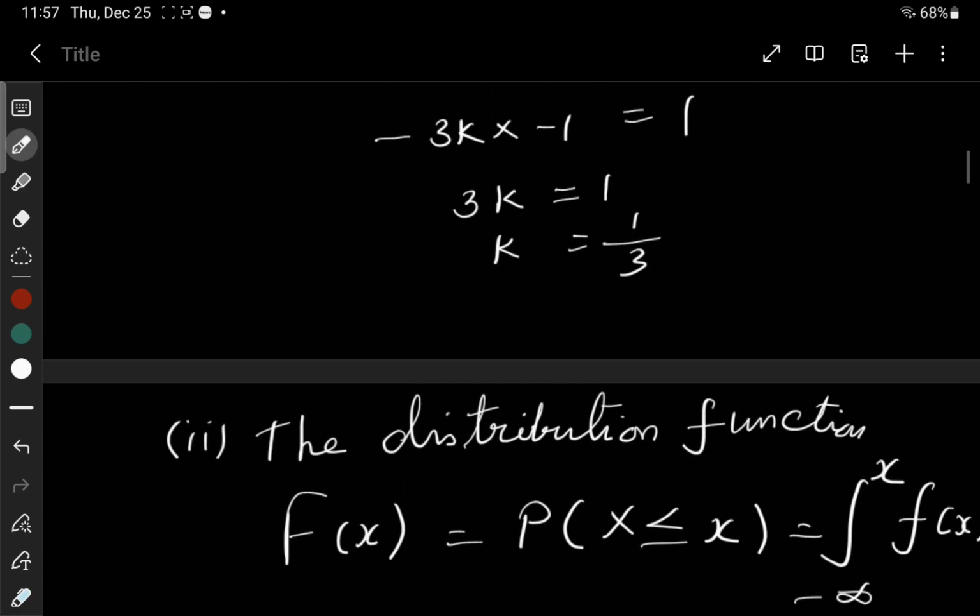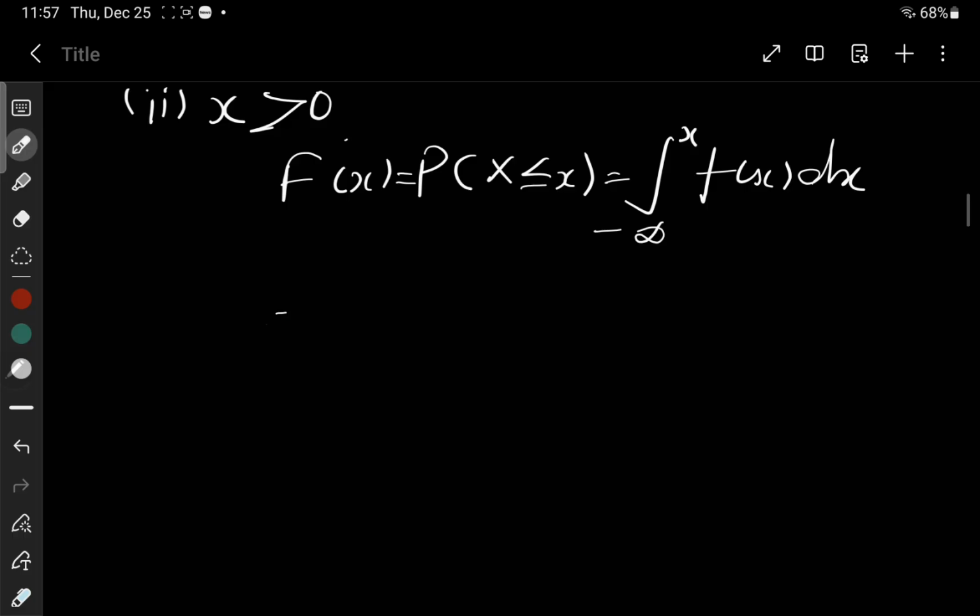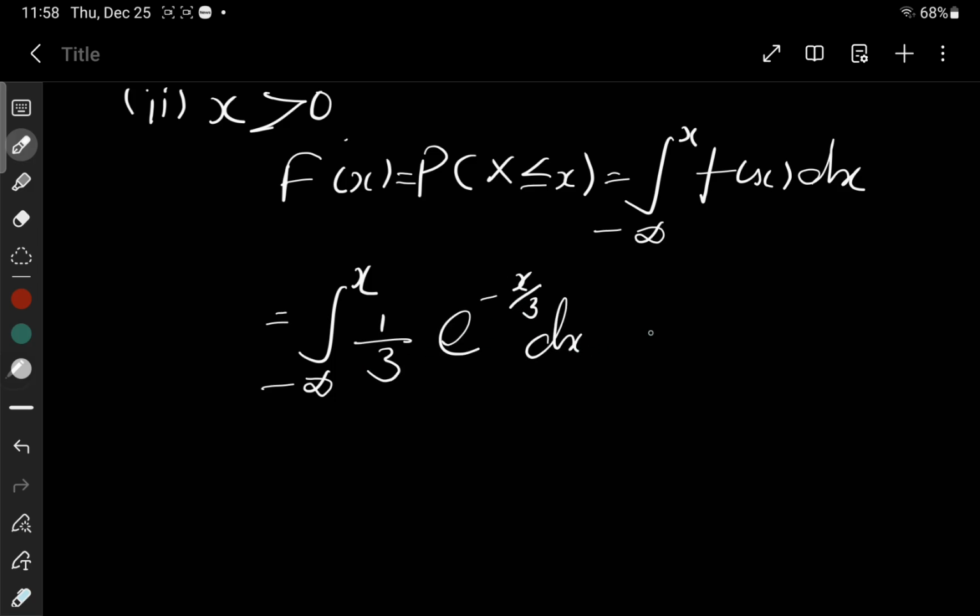But we got k value as 1 by 3. So I can substitute, the integral from minus infinity to x of 1 by 3 e power minus x by 3 dx. This is equal to 1 by 3 constant, integrate e power minus x by 3 divided by the coefficient of x, which is minus 1 by 3.